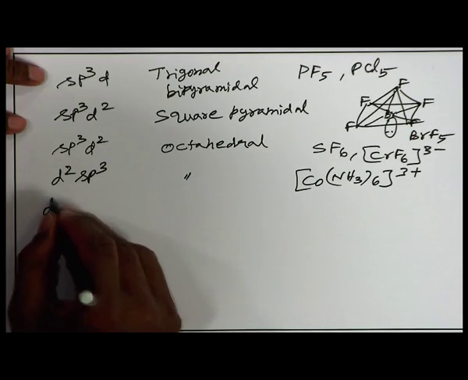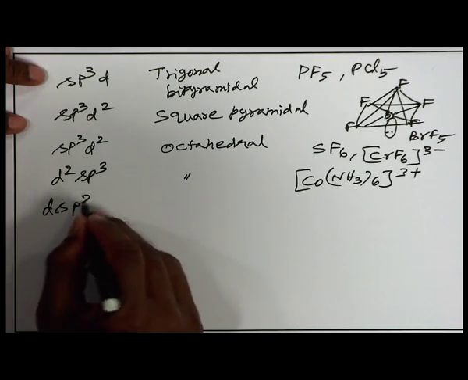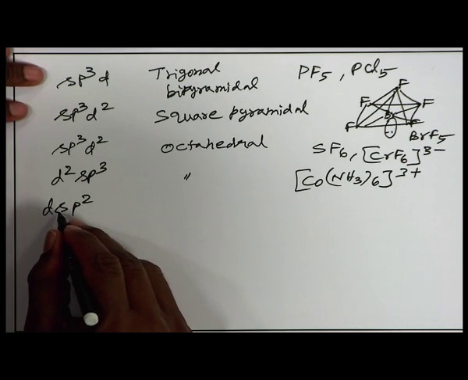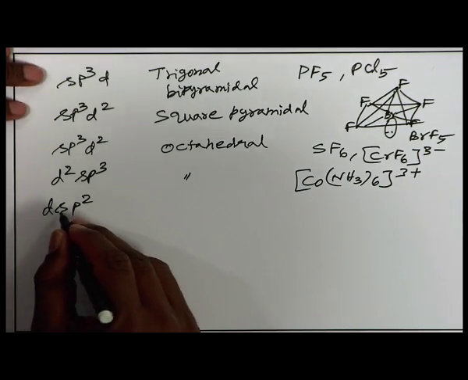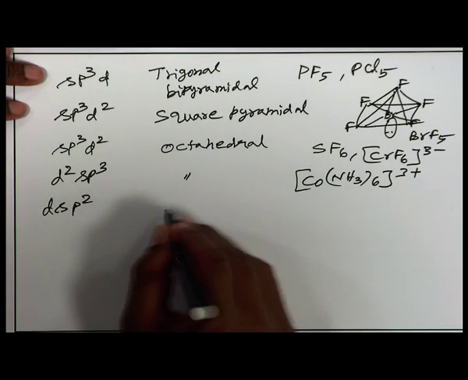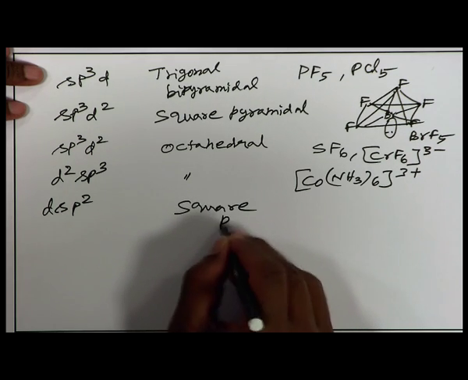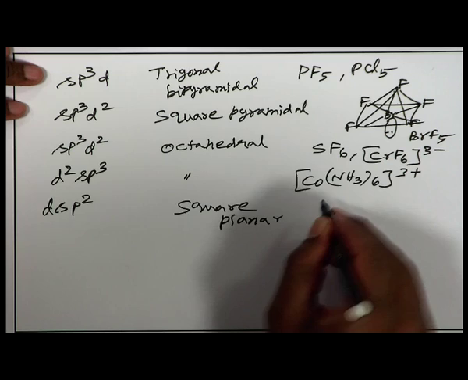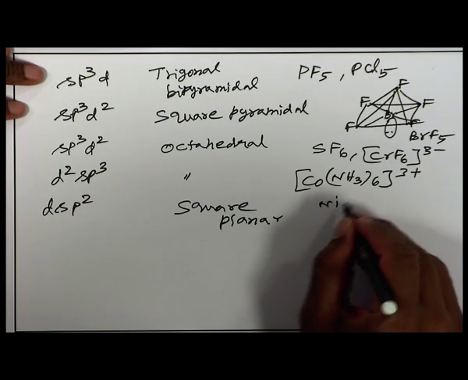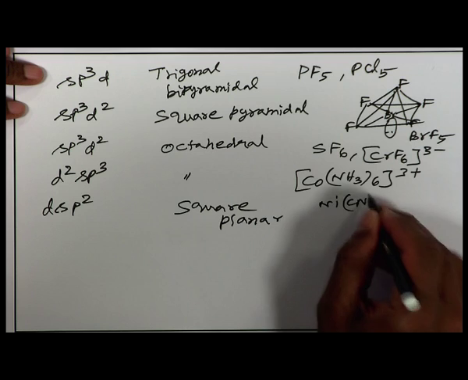You can also have dsp2. So, 1 d orbital hybridized with 1 s orbital and 2 p orbitals. So, the geometry is square planar. Examples are transition metal complexes.